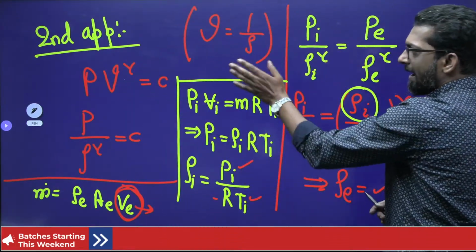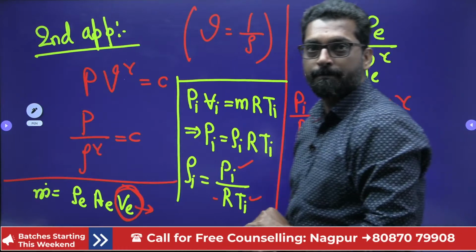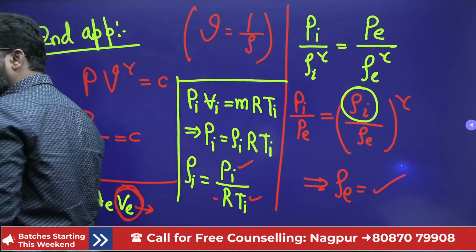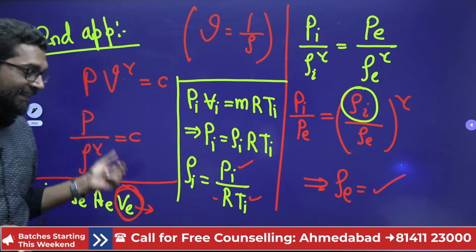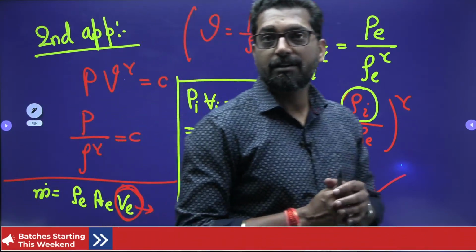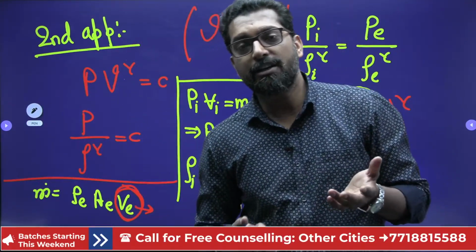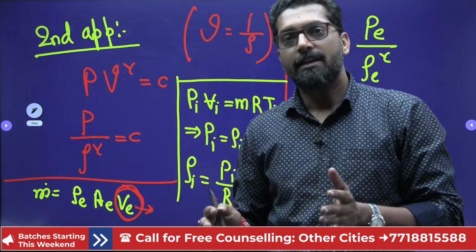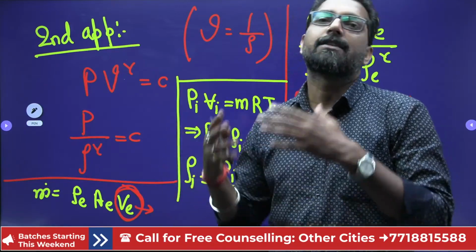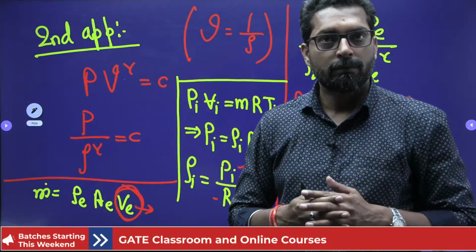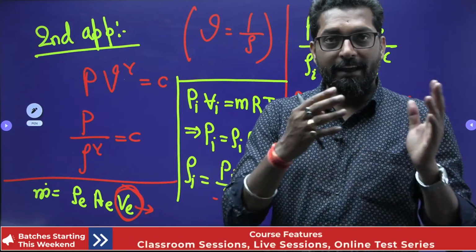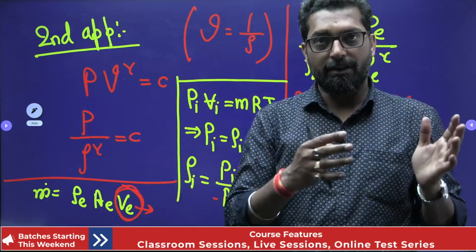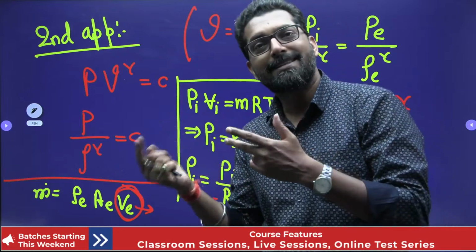So the first part is very simple. For the second part, you can solve the steady flow. How can we find the exit velocity? Apply the steady flow energy equation: Hi is equal to He plus Ve square by 2. Hi minus He is Cp times (Ti minus Te).